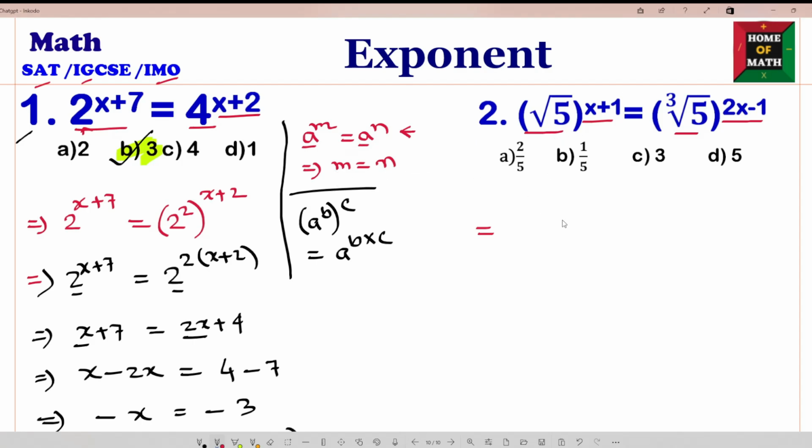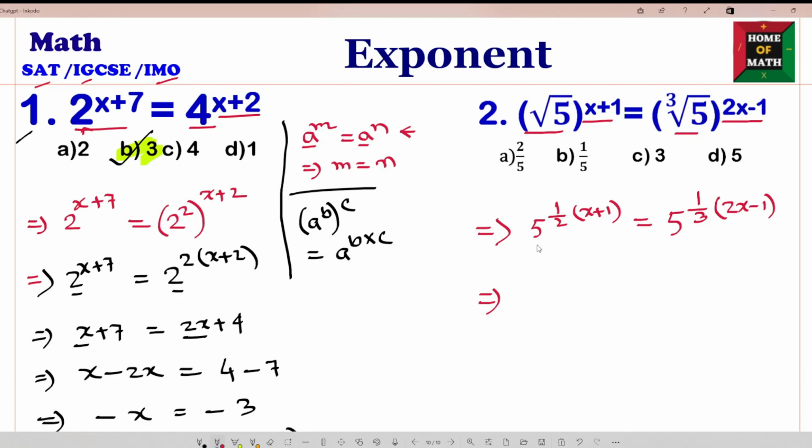So this one we can write like 5 to the power 1 by 2 times x plus 1, because we are not using the root sign, therefore we can use power 1 by 2. Similarly, we want to remove this cubic root, so we can write 5 to the power 1 by 3 for the cubic root, and here is 2x minus 1.